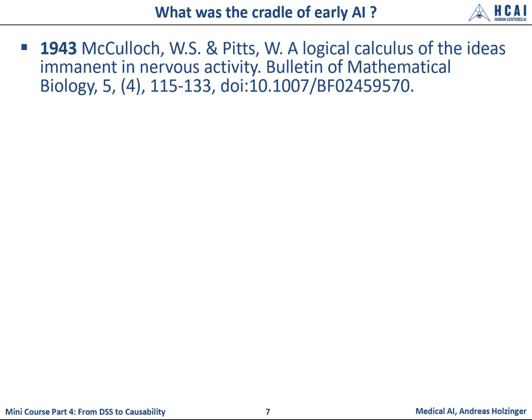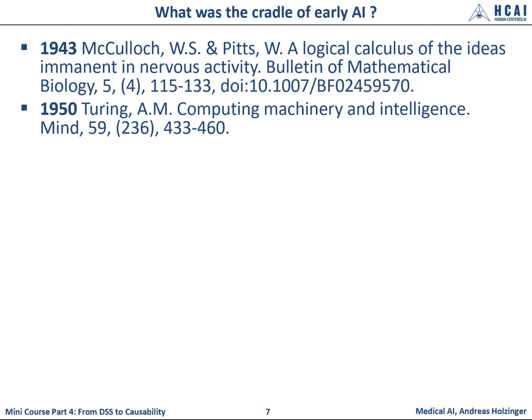They called it the artificial neuron, and this was the cradle of all the resulting and ongoing machine learning models. In 1950, the famous paper, Computing Machinery and Intelligence, Can Machines Think?